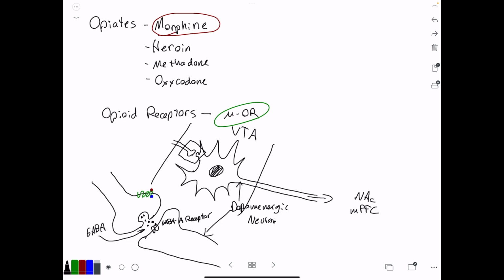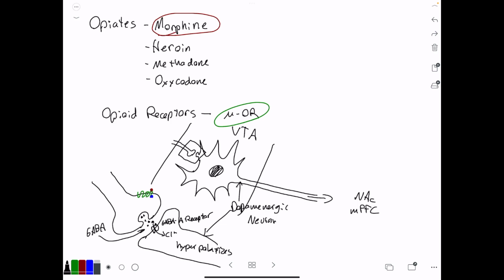And we get an influx of chloride, and that hyperpolarizes. And so you're less likely to get an action potential in that postsynaptic cell, which is our dopaminergic VTA neuron.